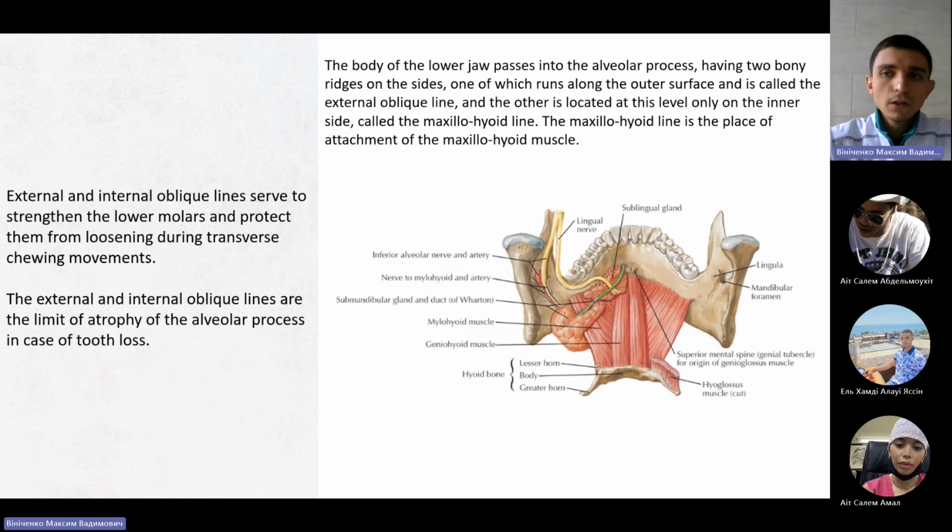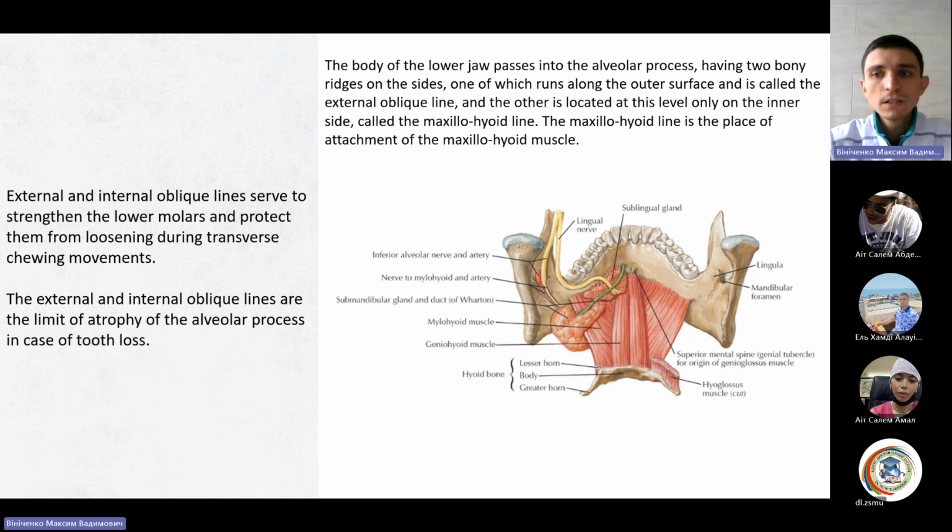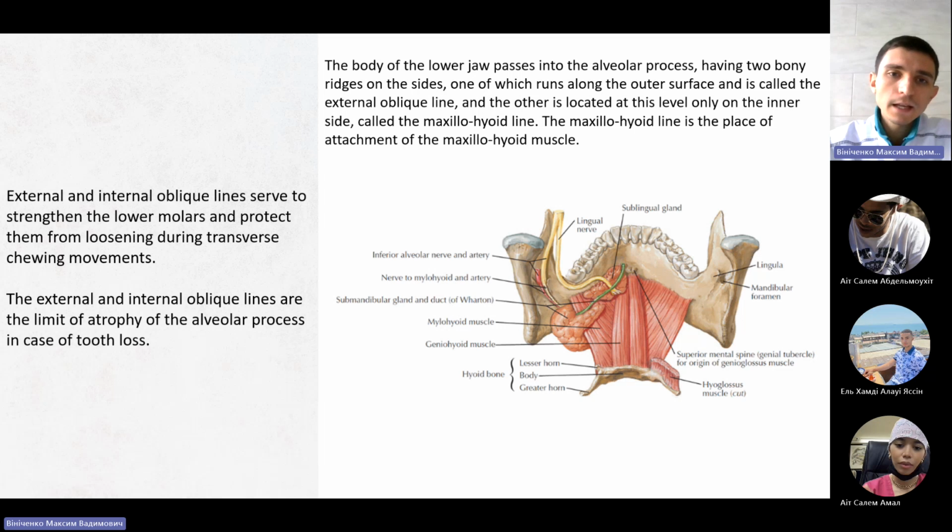The body of the lower jaw passes into the alveolar process, having two bony ridges on the sides, one of which runs along the outer surface and is called the external oblique line. So here we could see the external oblique line, and the other is located at this level only on the inner side, called the mylohyoid line.